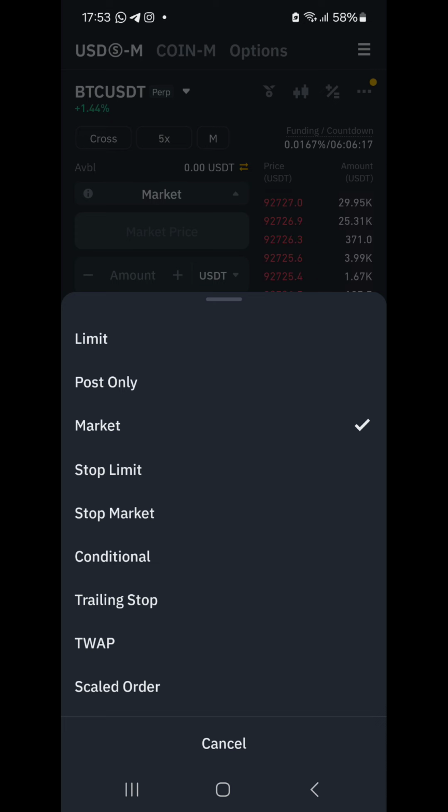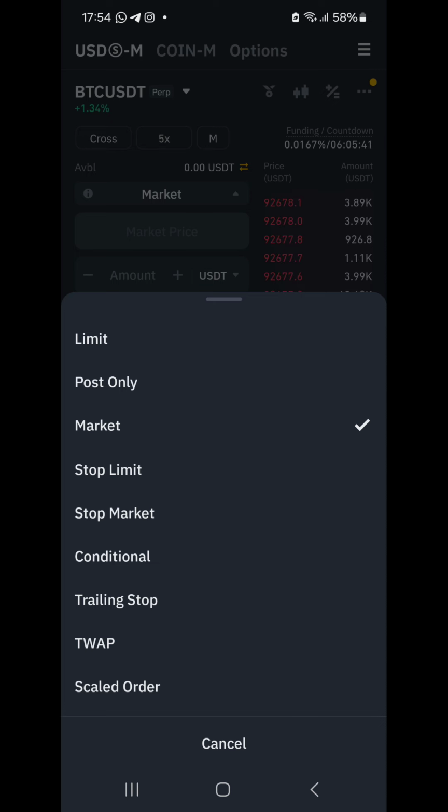Now, trailing stop order. A trailing stop order adjusts automatically as the price moves in your favor, but triggers a market order if the price reverses by a set amount. Let me take it again: a trailing stop order adjusts automatically as the price moves in your favor, but triggers a market order if the price reverses by a set amount.